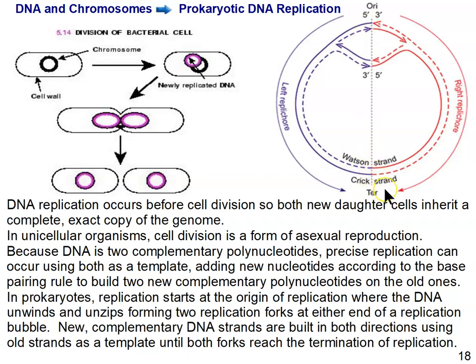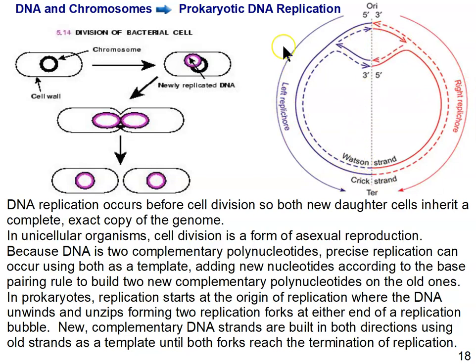And that is a point known as the termination of replication. So we've got the origin of replication here being labeled with an ORI, and we've got the termination of replication at the other end. And that's really all you need to know. You don't need to worry about all these other terms that are on here.